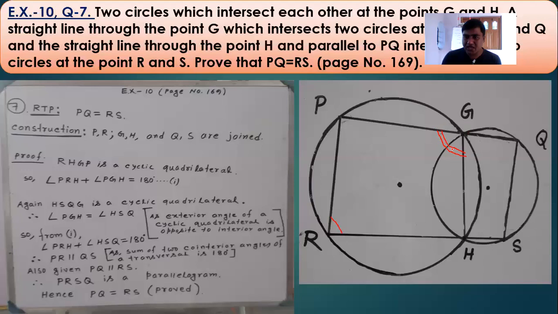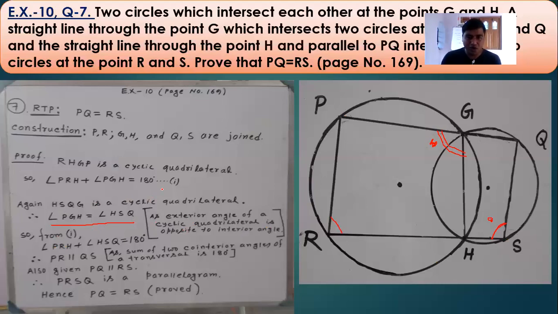This exterior angle equals the interior opposite angle. These two angles are equal. So angle PGH equals angle HSQ. And the logic is, the exterior angle of a cyclic quadrilateral is equal to the interior opposite angle.